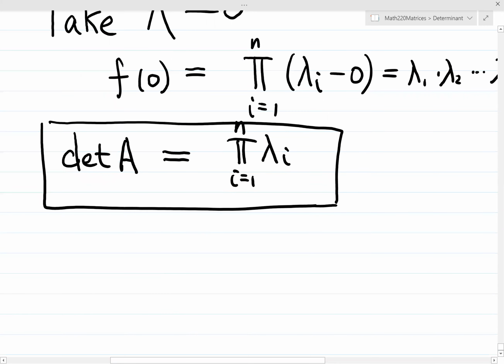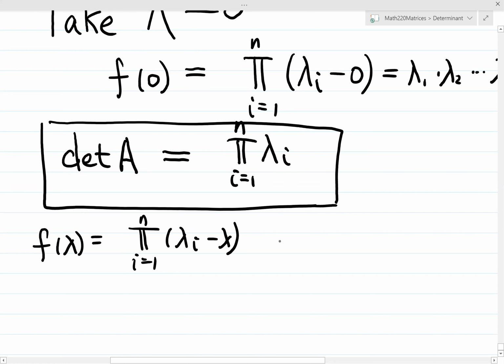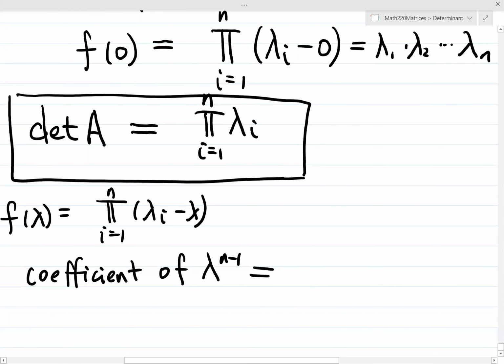Remember, we have f(lambda) to be the product of (lambda i minus lambda). So if you find the coefficient of degree n minus 1, the coefficient of lambda to the power n minus 1, this is a combinatorics problem.